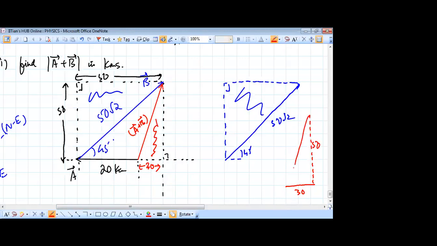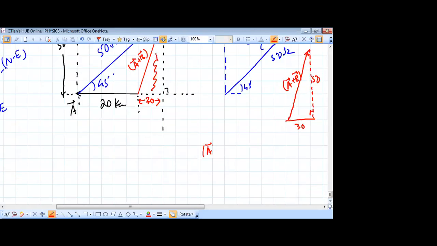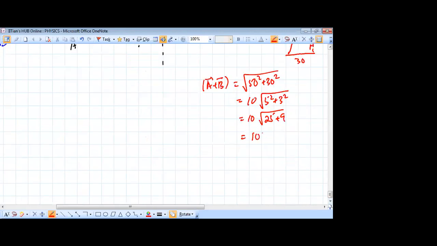So this hypotenuse, which is my A plus B, what will its magnitude be? A plus B is the square root of 50 squared plus 50 squared. That is 10 into root of 5 squared plus 3 squared, 10 root 34. We can read the answer this way, magnitude of A plus B.